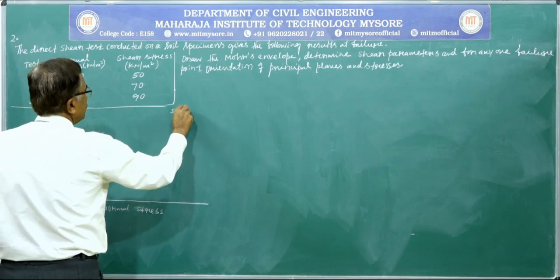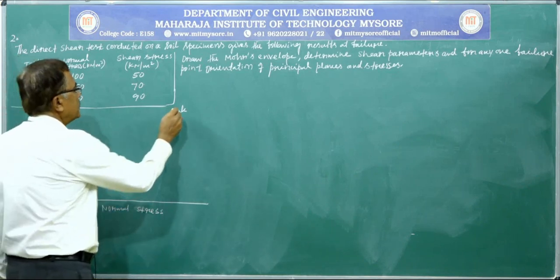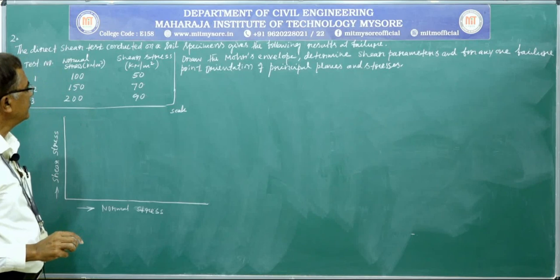Select scale. Always, to plot a graph in shear strength, let us select the same scale along the x and y axis.